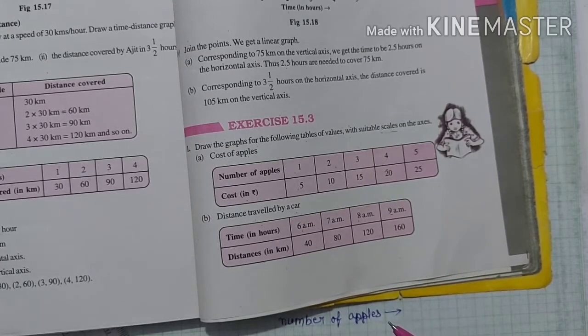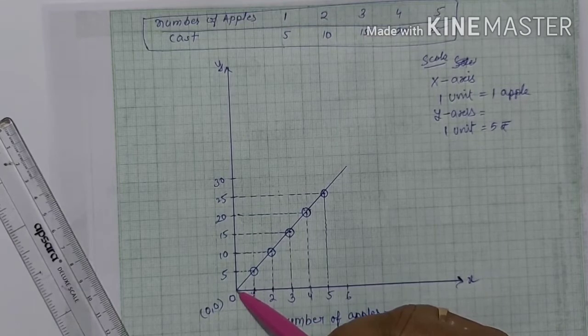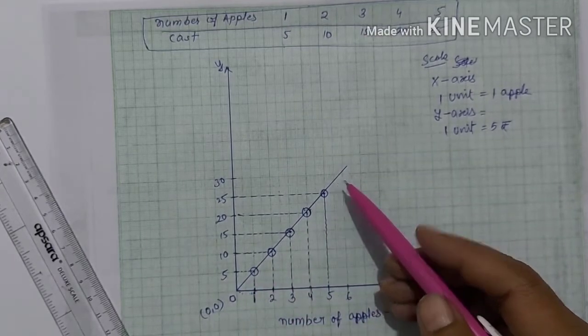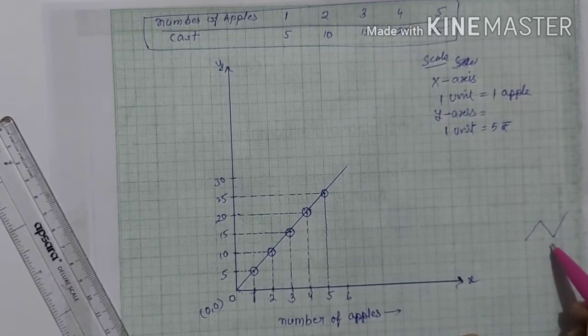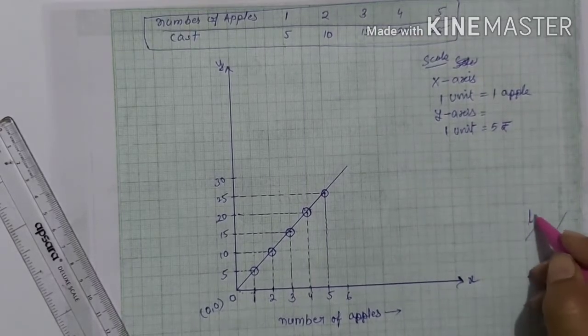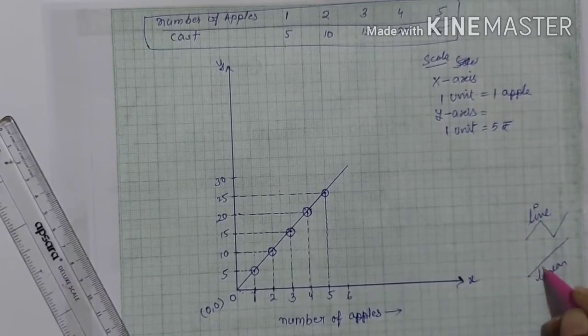Which type of graph? A linear graph. It will start from the origin as a straight line. That is the linear graph. If the graph goes up and down, it is a line graph. A linear graph will be only straight.